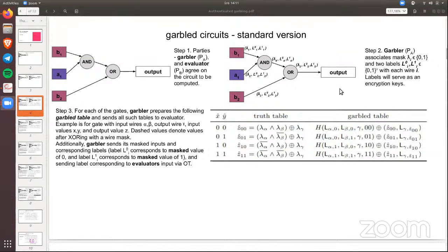Well, that's the masked value for the output of this gate. This in turn will be used for the next gate.